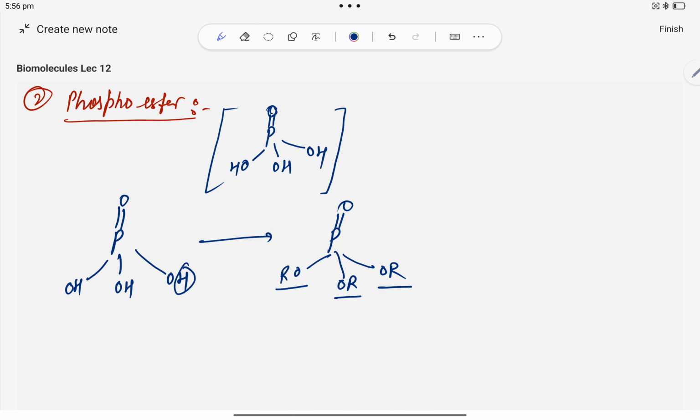Okay, so that is your phosphoester. If you are removing one H, then mono. If you are removing two, then di. Removing three, then tri. Basically, diphosphoester we will use.